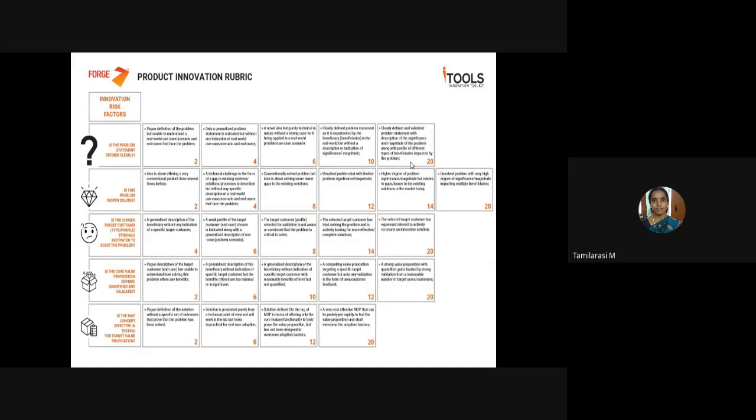If you have defined the problem, to whom this problem is there, and in what way your project is going to solve it and benefit the customers or the beneficiaries, then automatically it satisfies the last box, and you can get the 20 points for the first category. So you define your problem statement in that way.